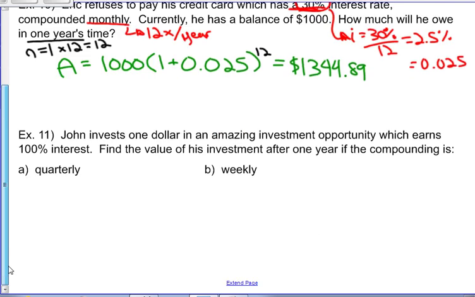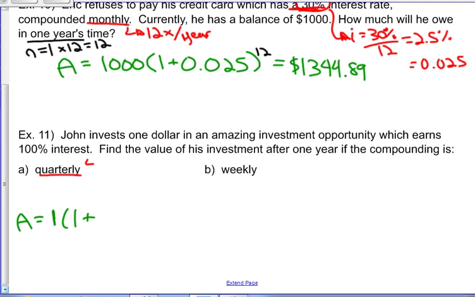Okay, one last one just for a little thought here. John invests $1 in some amazing investment opportunity which earns 100% interest. Find the value of his investment after 1 year if it's compounded quarterly. Okay, so we'll set this up. A is going to be $1, 1 plus. Quarterly.